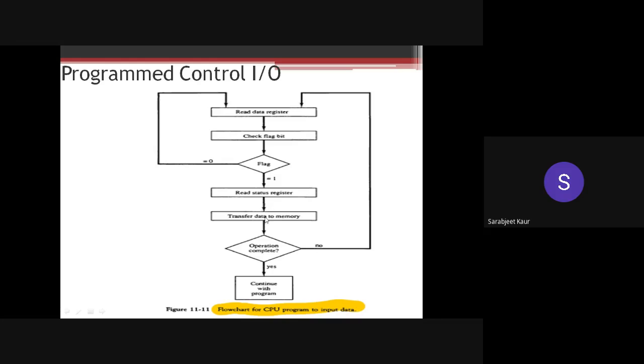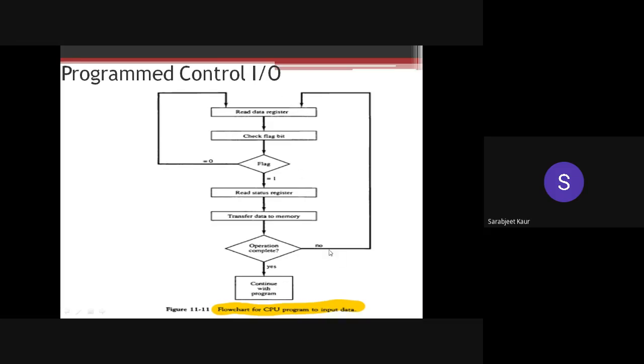That means it has to actually do the input output transfer itself. So only the waiting time for the IO device is reduced. Again it checks whether the operation is complete or not.